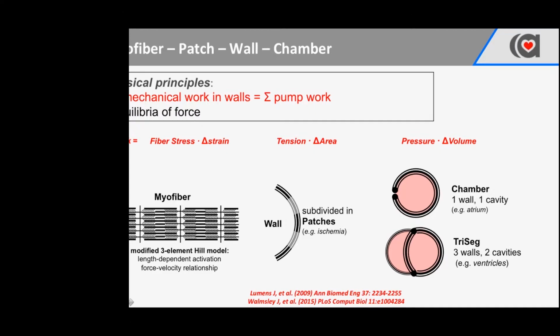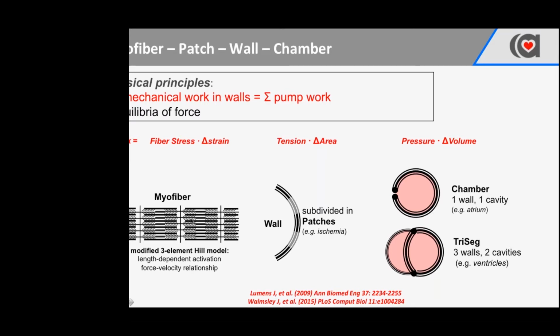So the sum of the mechanical work in the walls, you should sum up every wall. Sum of work in this wall and that wall and this wall, the left ventricular free wall, those together are equal to the sum work of the left ventricular pressure volume loop and the right ventricular pressure volume loop. Important to keep in mind.